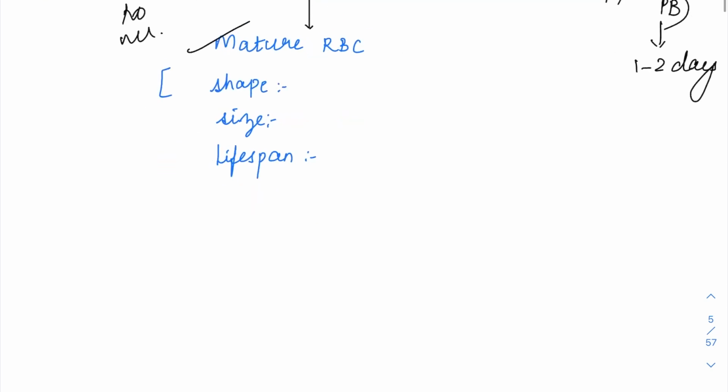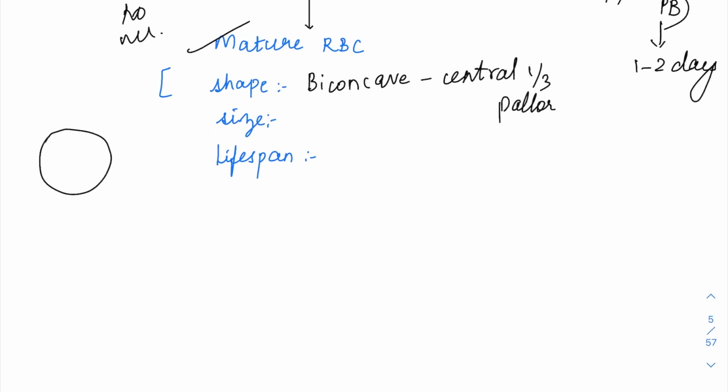So the shape of the mature RBC is biconcave. It is biconcave because there is going to be a central 1/3 pallor. So if this is the RBC, in the center, 1/3 of it is going to be a pallor. This is all appearing dark pink, while the center is going to appear pale, and that is the pallor. So that is the normal shape because of the biconcavity.